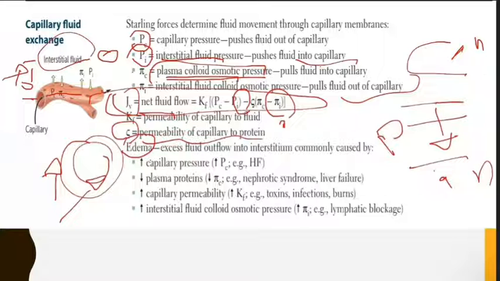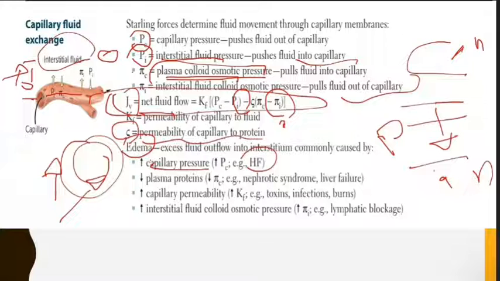What are the causes of edema? Of course, if we have an increase in the capillary pressure, the pressure inside the capillary is very high, and this will push the fluid from the capillary to outside, so you will have edema. You see this in cases of heart failure, because in heart failure we have a lot of volume inside the blood vessels.